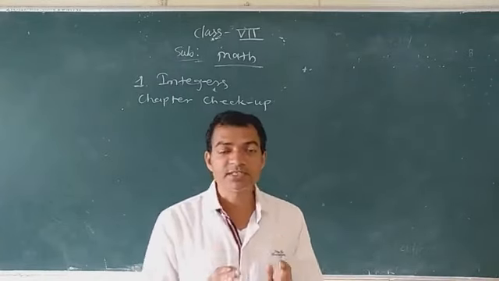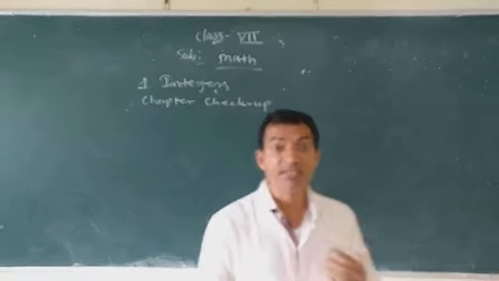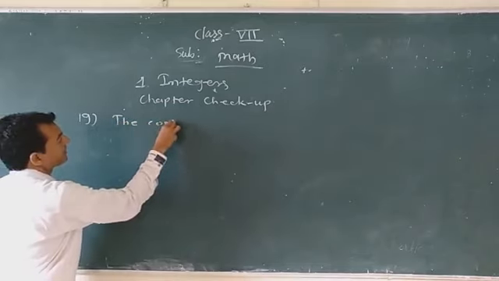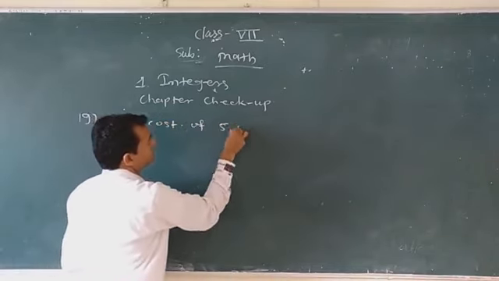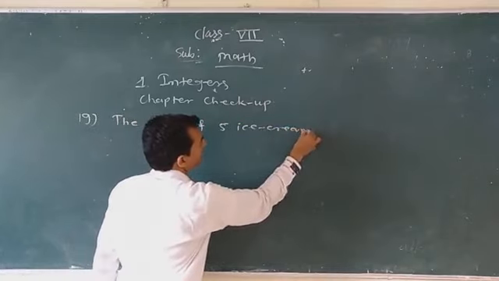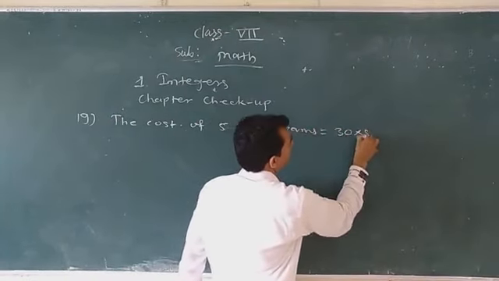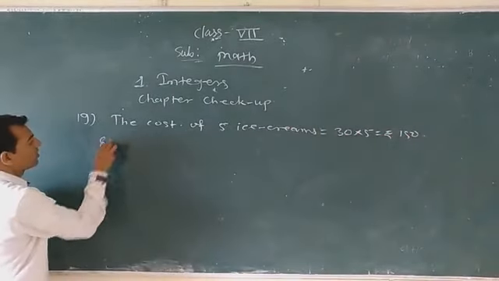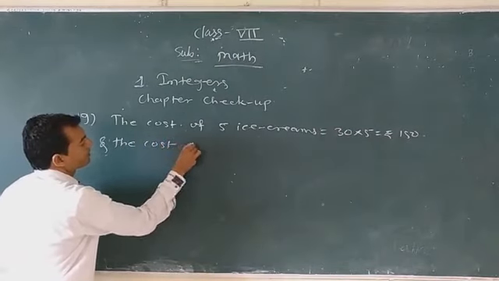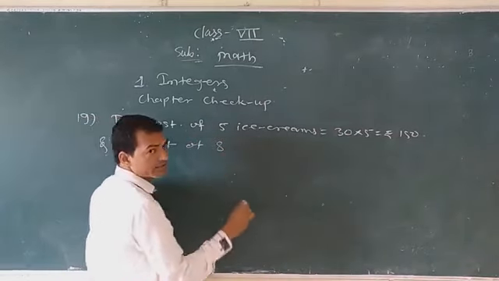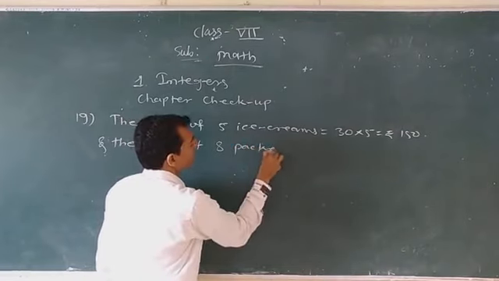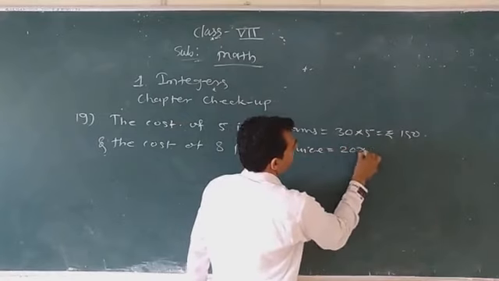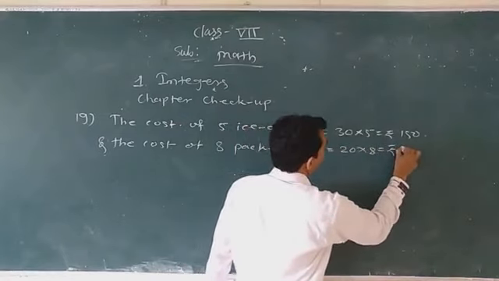So first, the cost of 5 ice cream is equal to 30 into 5 is equal to rupees 150, and the cost of 8 packet juice is equal to 20 into 8 is equal to rupees 160.